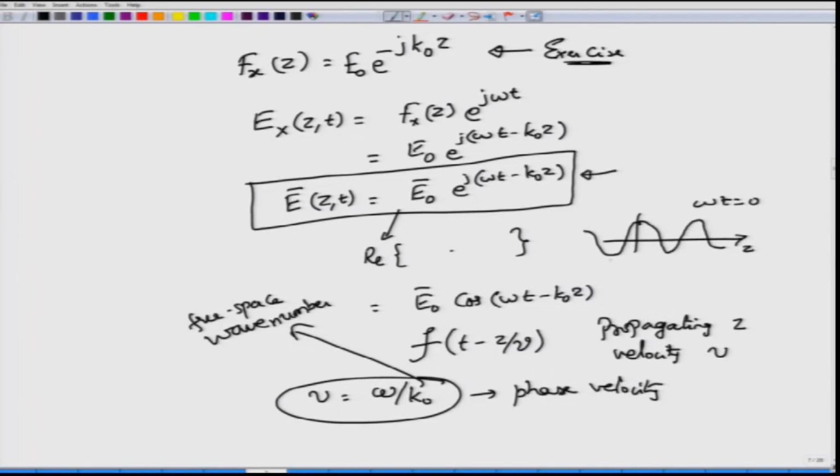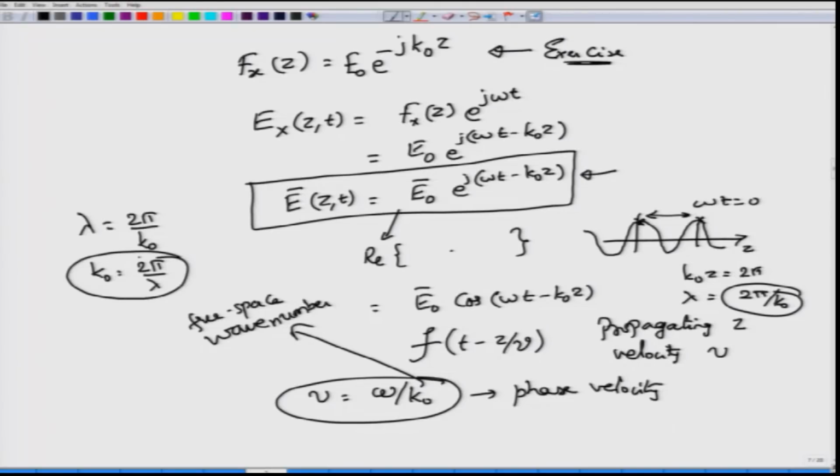At z equal to 0 it has its maximum, and after one cycle it has another maximum when k0z equals 2 pi. The distance between these two, given by 2 pi by k0, is called the wavelength of this wave. So the wavelength lambda is 2 pi by k0, or more popularly, k0 is written as 2 pi by lambda.